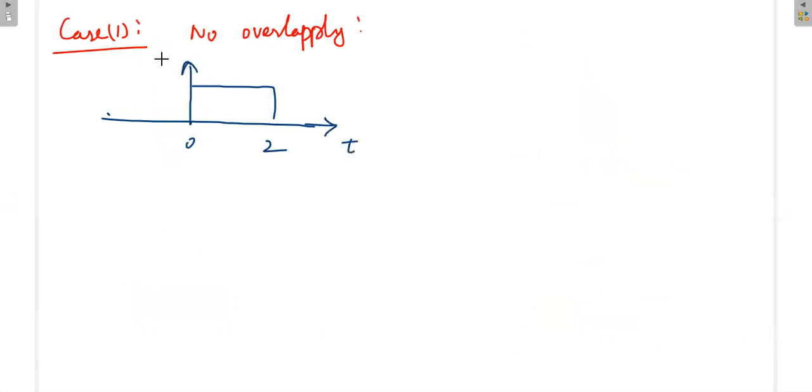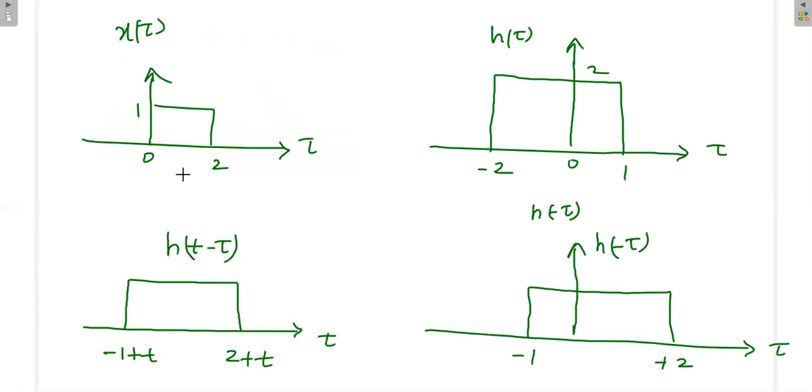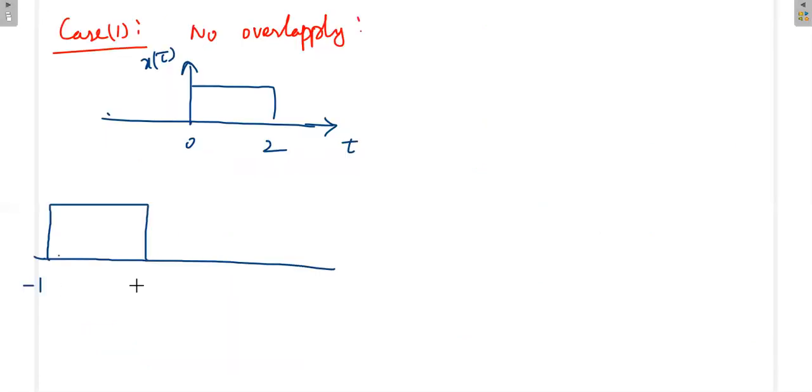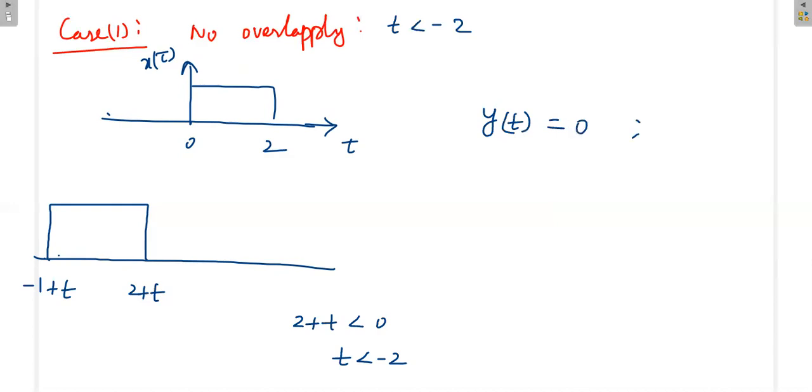Then you choose the diagram here, with the values minus 1 plus t and 2 plus t. It's clearly visible: if 2 plus t is less than 0, then there is no overlapping. If 2 plus t is less than 0, that is, t is less than minus 2, then there is no overlapping. So y of t is equal to 0 when t is less than minus 2.